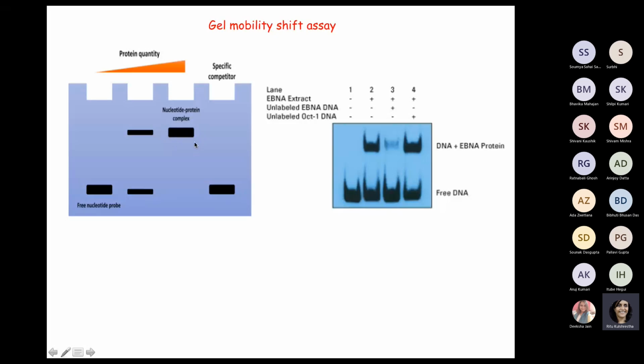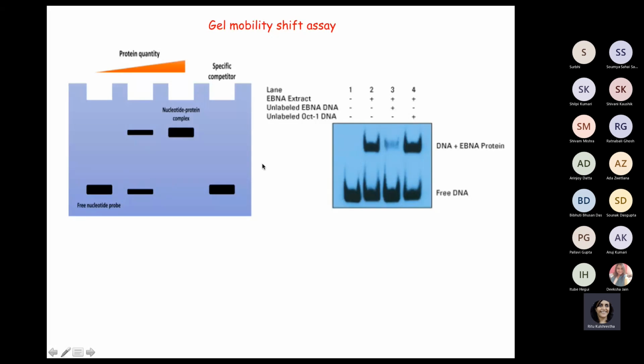Okay, now to know whether this binding is really specific or not, one option is that I provide this DNA probe, which is a DNA fragment that is not labeled, in much excess as compared to this. Same DNA fragment in much more quantity, but without the labeling.